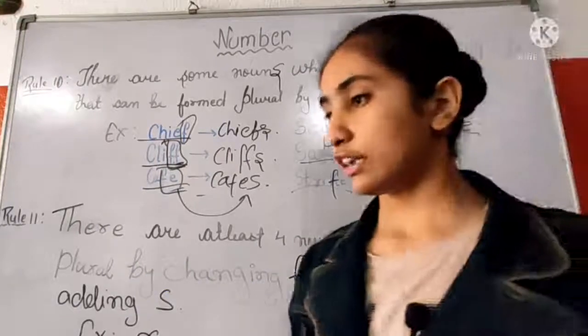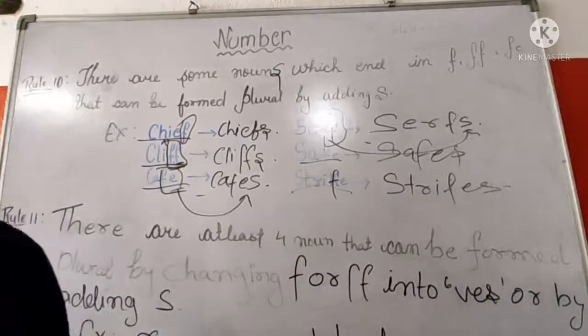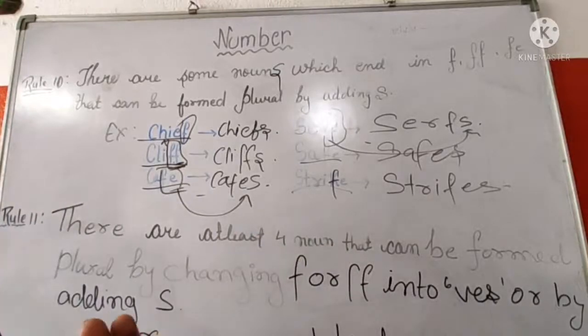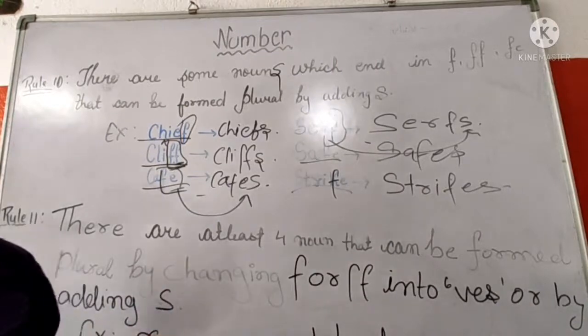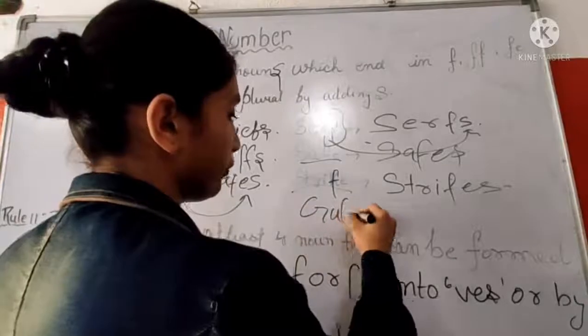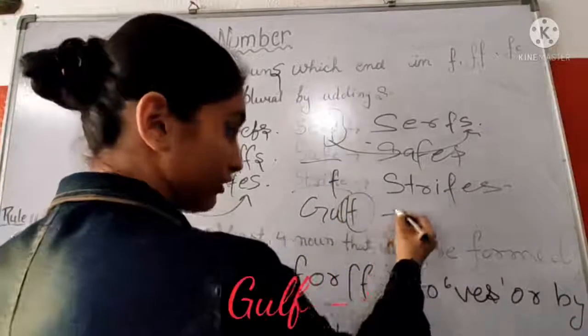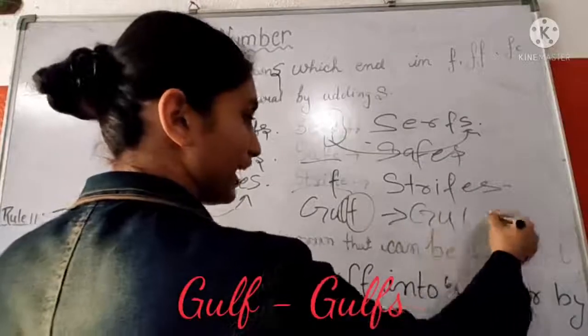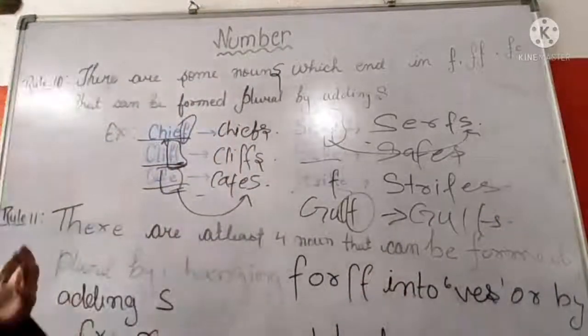Okay. So there are also some other nouns. Just for example, from G there is gulf. So here gulf ends in what? F. So we can form its plural as gulfs. Okay. Now I think you all understood this rule.